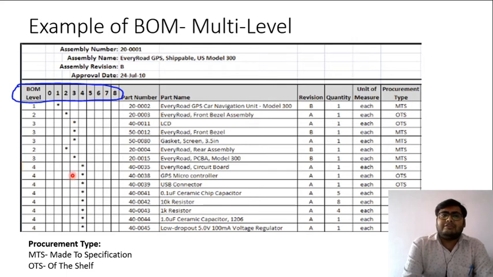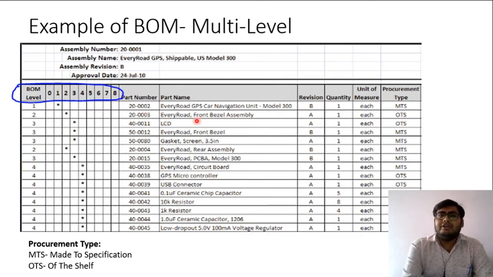Then we assemble all these level 3 parts and assemblies which will make a level 2 assembly. Then we assemble all these level 2 parts and assemblies which will make a level 1 assembly, and after we assemble these level 1 assemblies and parts, we have a complete product which will be level 0. So this is what a multi-level bill of material means.